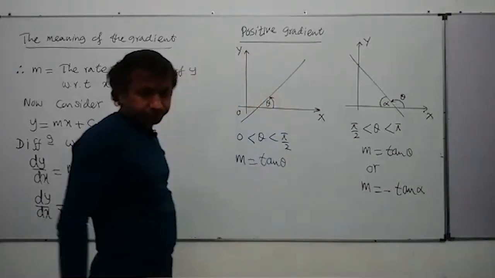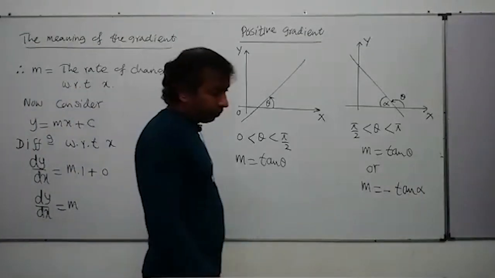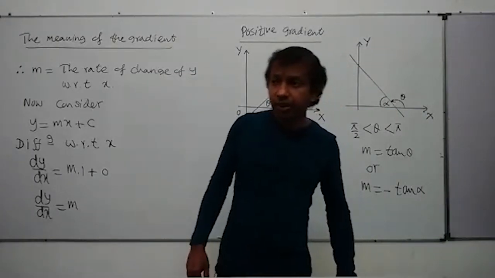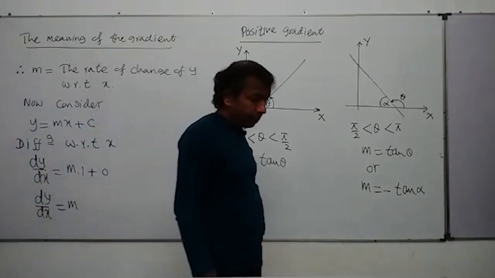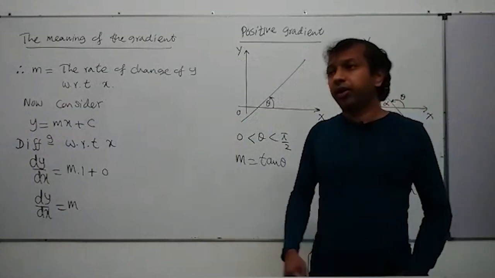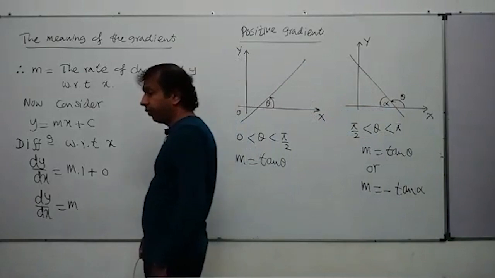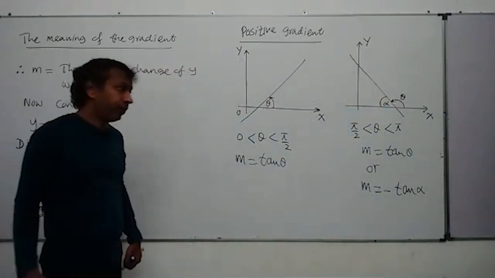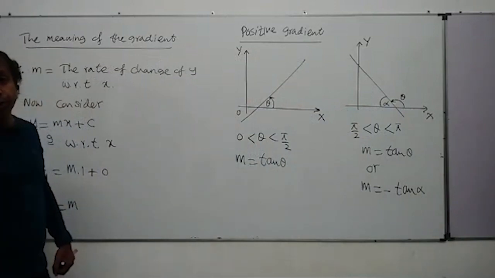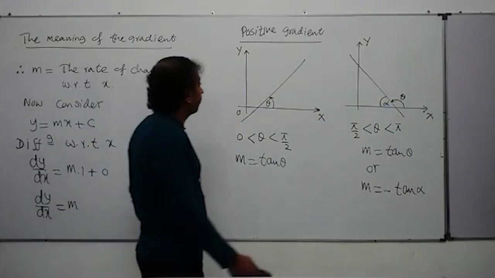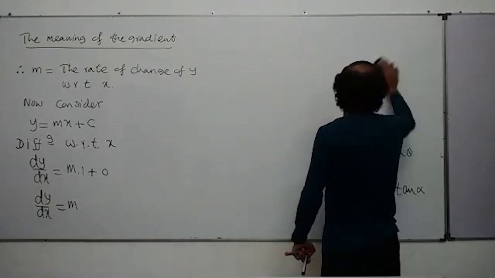That is, by dy by dx we get the gradient function, and therefore it gives the rate of change of y with respect to x.